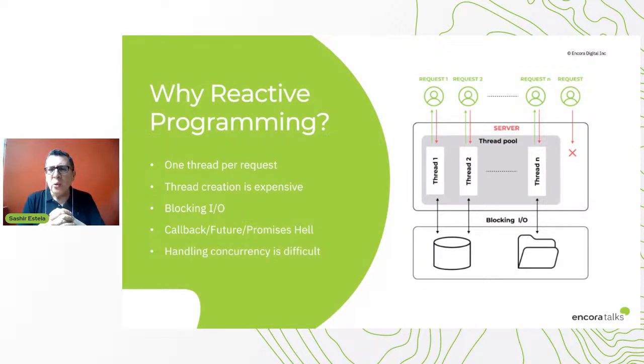When we need to communicate with external services like a database or file systems, we need to communicate with another system. Those communications occur using the blocking I/O approach.